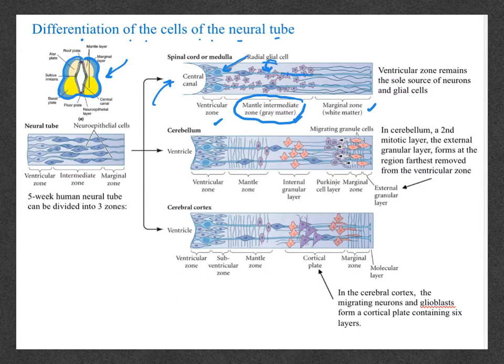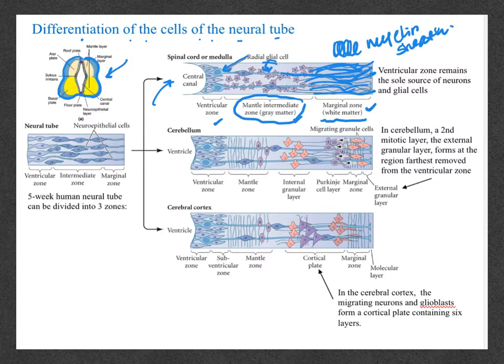Now, this branching out of axons is what goes on to create a cluster of axons that gives us the marginal zone. It is known as the white matter area because these axons are wrapped in myelin sheath, and this myelin gives it that whitish appearance, and they're very poor in neuronal cell bodies.